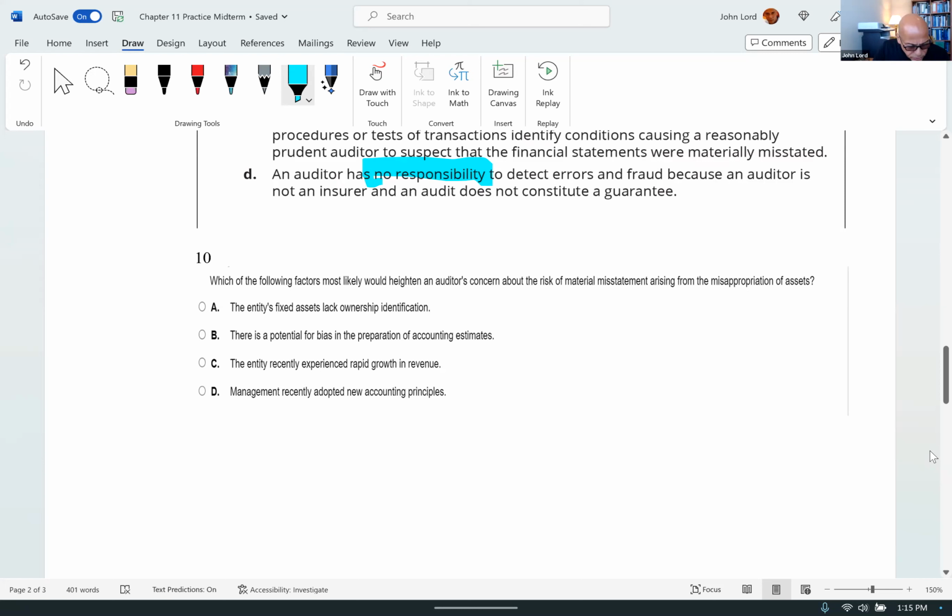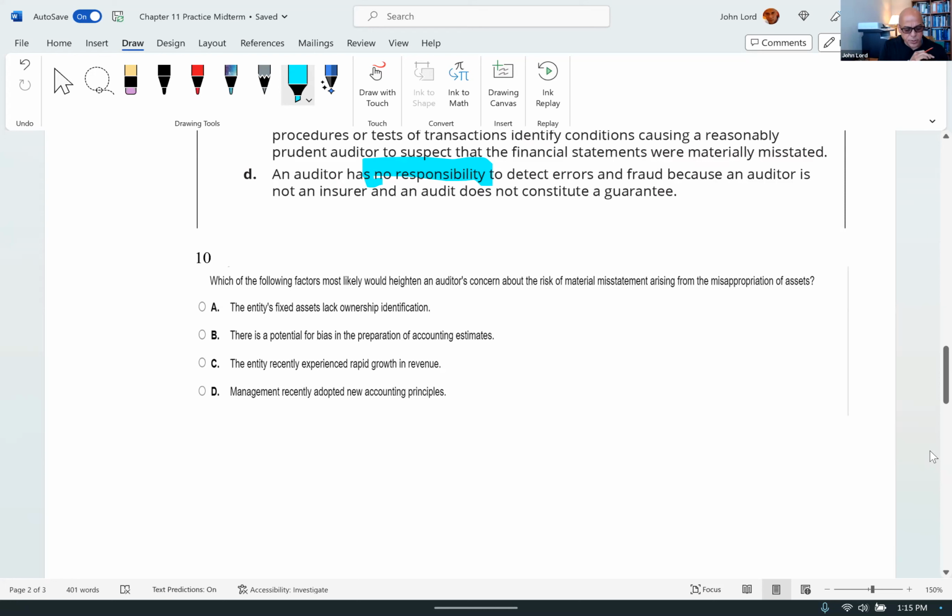But let's look at these others. There's a potential for bias in the preparation of accounting estimates. Well, that might lead us to the estimates and financial reporting fraud, but the stealing, the misappropriation of assets, not so much, right? Okay, the situation that we talked about last time, right? The stealing is probably not going to be affected by accounting estimates.